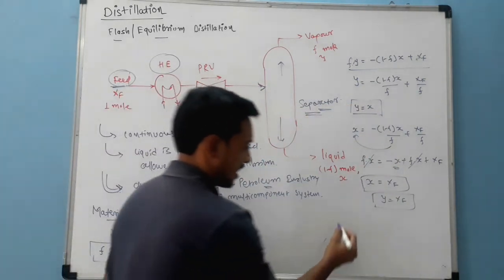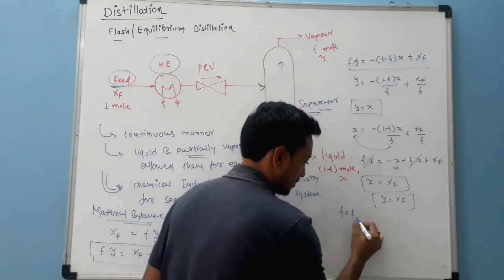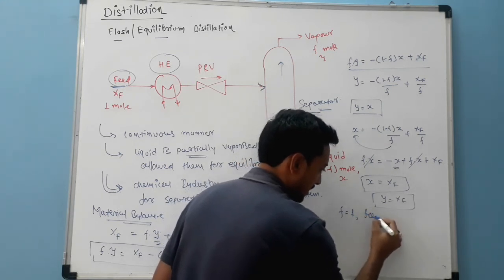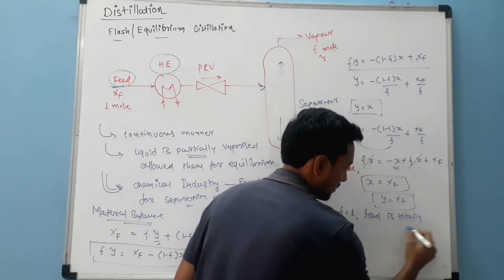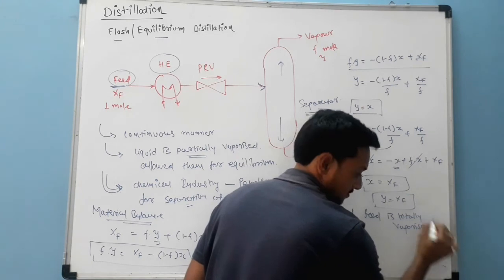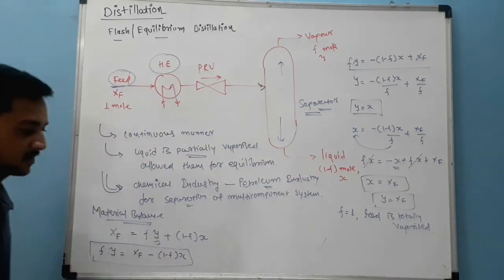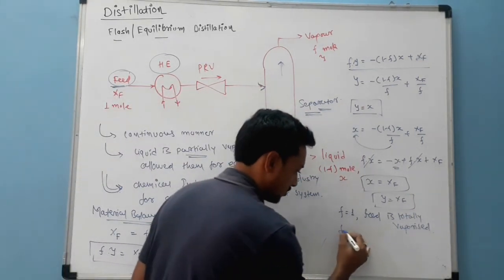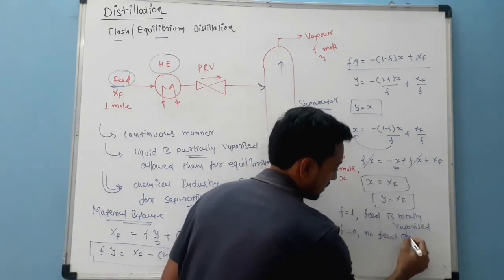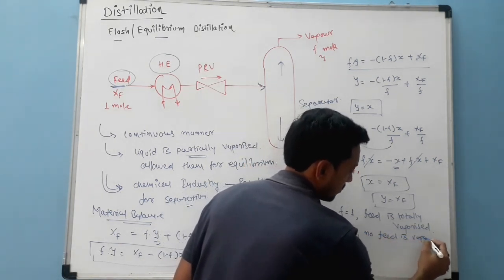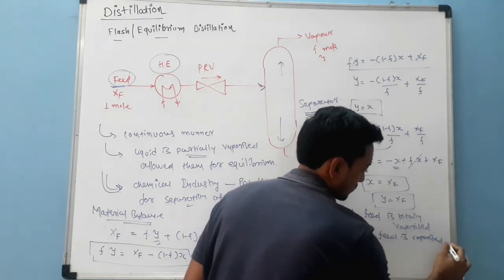If F is equal to 1, that means your feed is totally vaporized. If F is equal to 0, then no feed is vaporized.